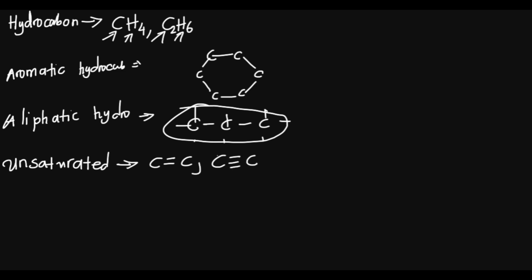So a double bond is unsaturated, and a triple bond is also unsaturated. Now for saturated, we are looking at the type of bond where there is only one single bond between carbon to carbon bonds.